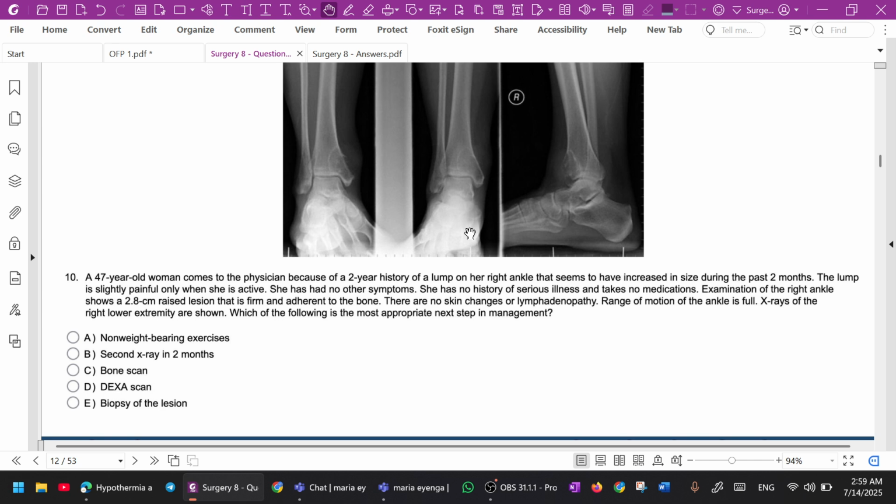She has no history of serious illness. She takes no medication. Examination of the right ankle shows a 2.8 centimeter raised lesion that is firm and adherent to the bone. There are no skin changes or limb pain, but the range of motion of the ankle is full. X-ray of the right lower extremity is shown. Which of the following is the most appropriate next step?